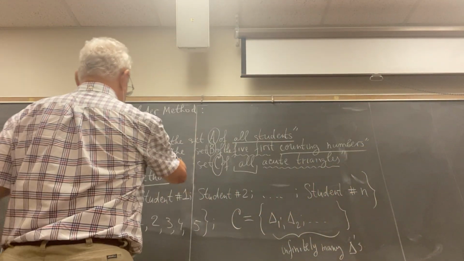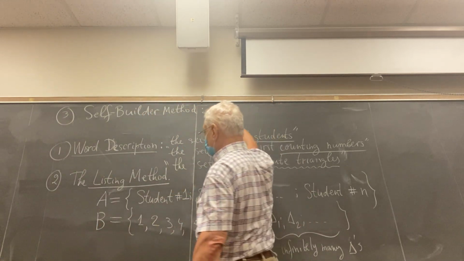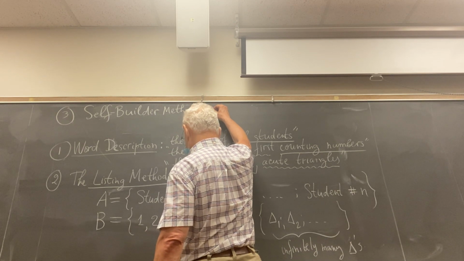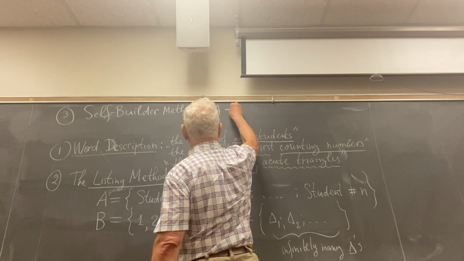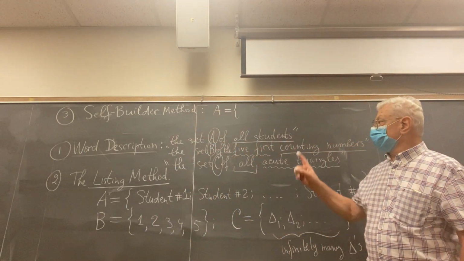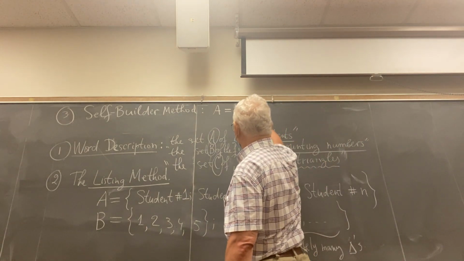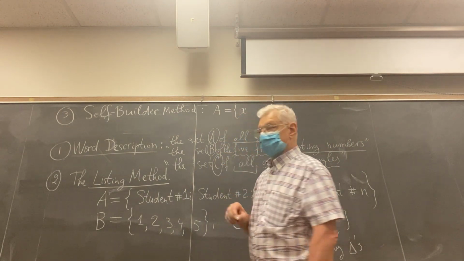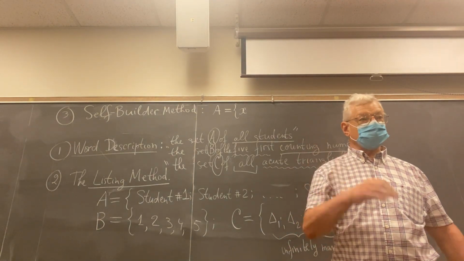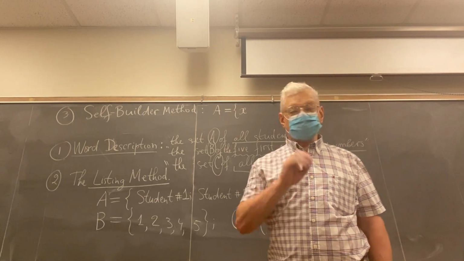For example, let's write number 2 in that self-builder method. So what is A? Now that one is very important. I write the following. A is, and then I write X or whatever other letter, or Y or Z, or small a, or a letter of a Greek alphabet, whatever.